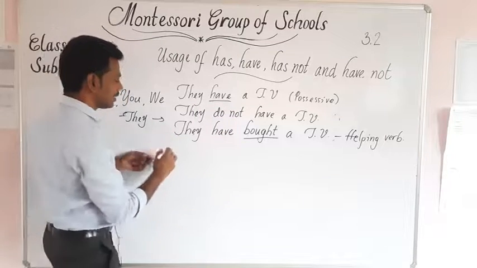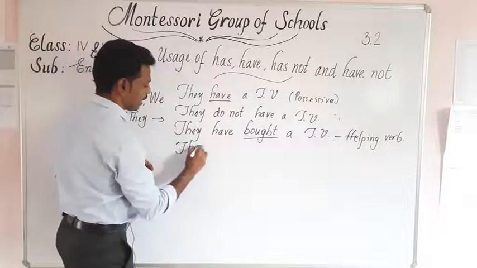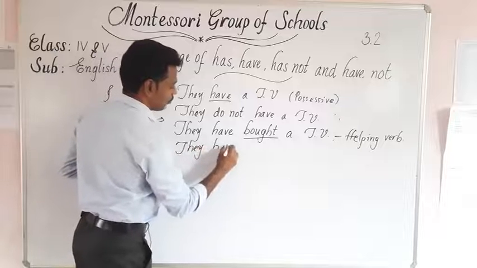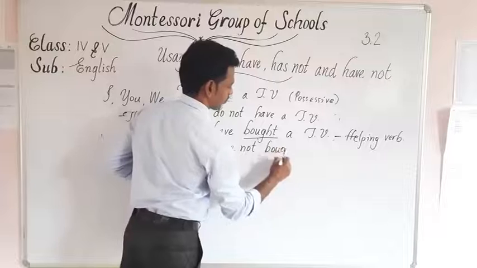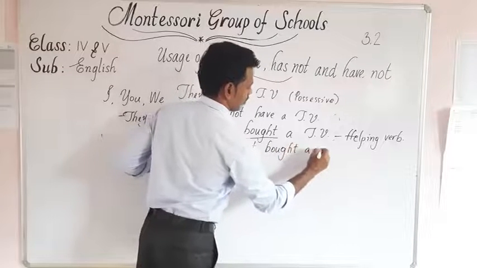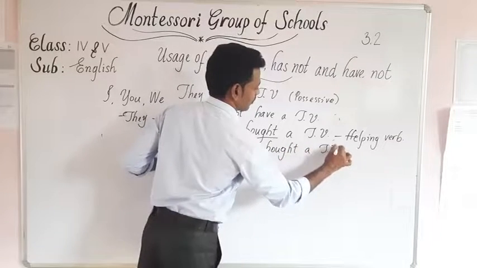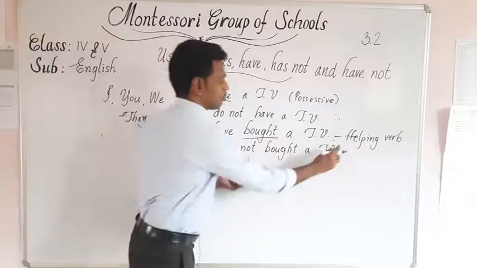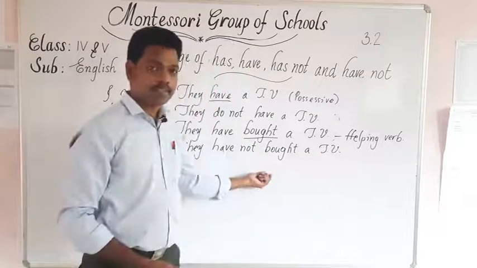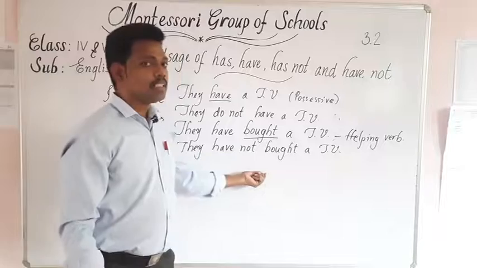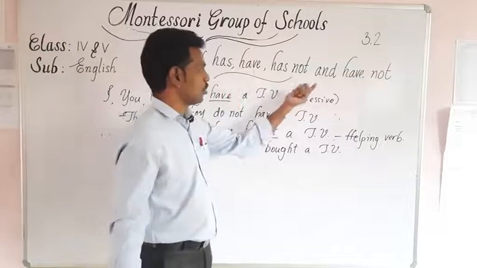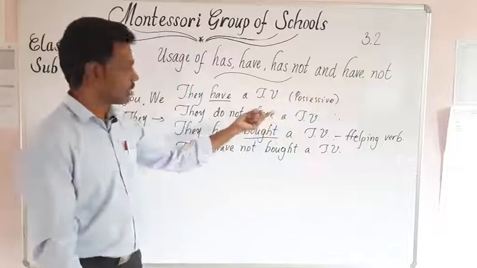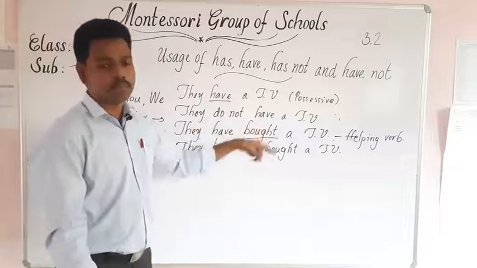So here the negative sentence is "They have not bought a TV." Is that clear? So likewise, when we change has into has not and have into have not, these are the changes you have to keep in mind.